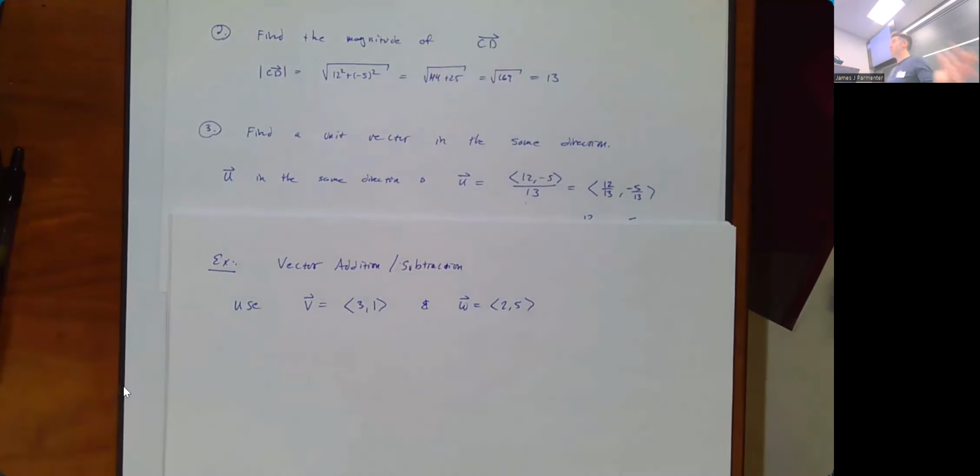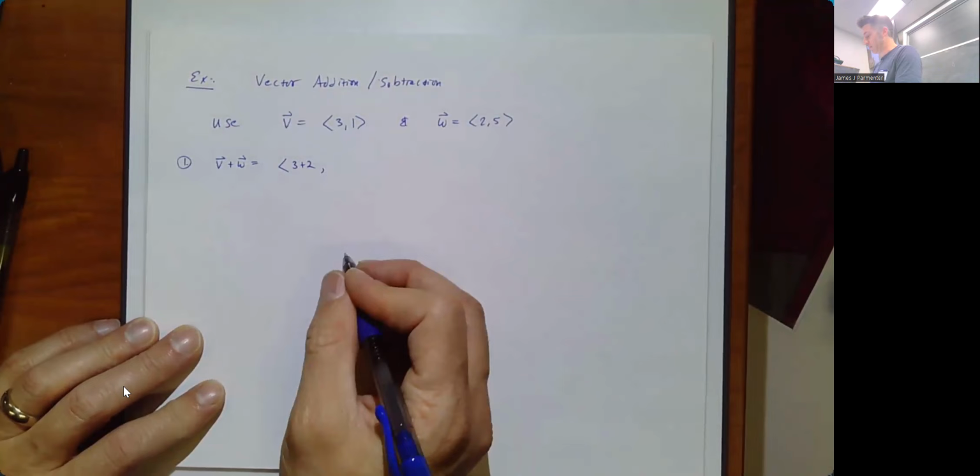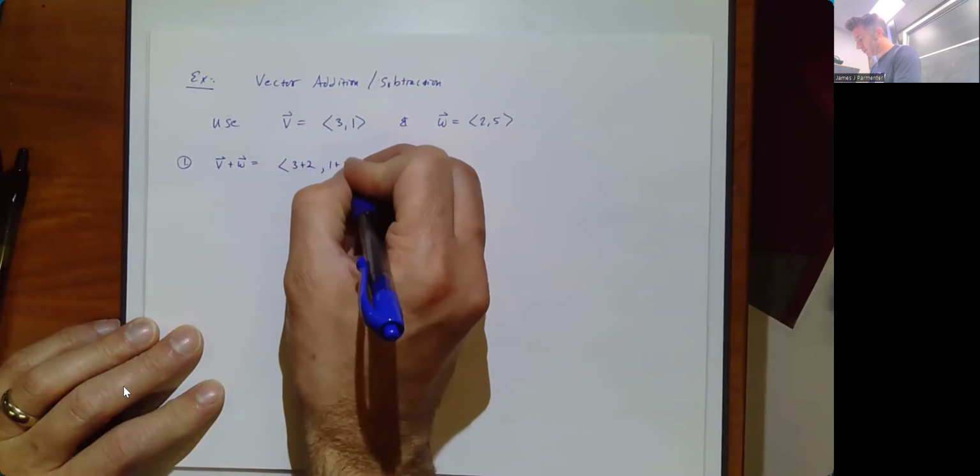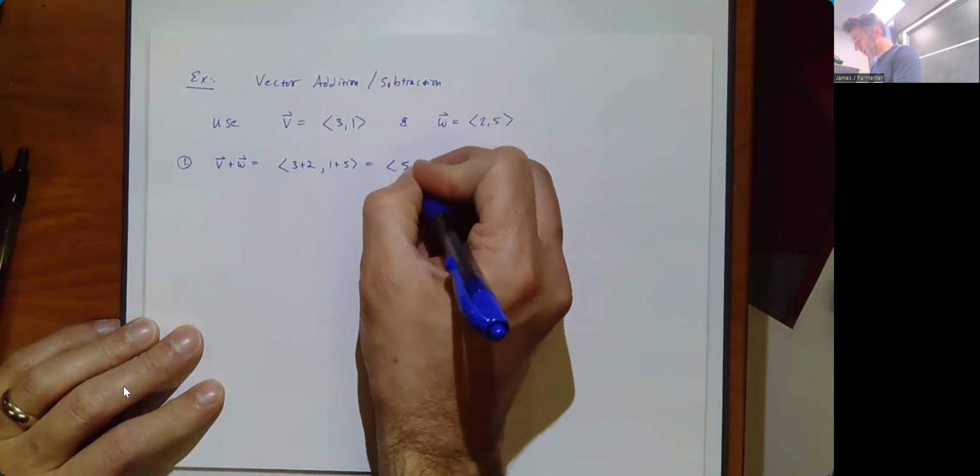The way you add v plus w is the way you think you should add v plus w. You add the x components together and you add the y components together. So we're also going to draw them, but let's first write it out. So v plus w is just going to be 3 plus 2 in the first component, 1 plus 5 in the second component, which is going to be the vector 5, 6.